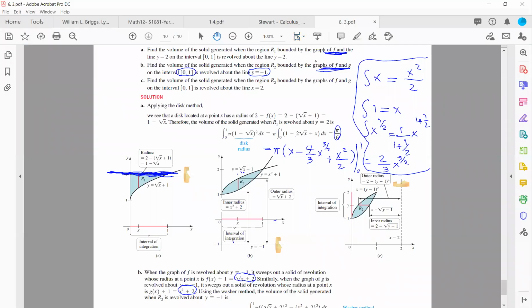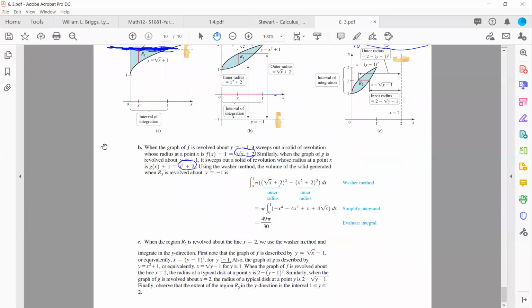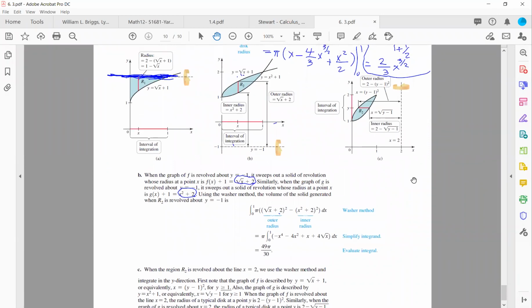And finally, find the volume of the solid generated when the region R2 bounded by the graphs of f and g, okay, on the interval 0 to 1, is revolved about the line x equals 2. x equals 2. So take a look at your graph. This is your graph. Now you are revolving this about x equals 2.